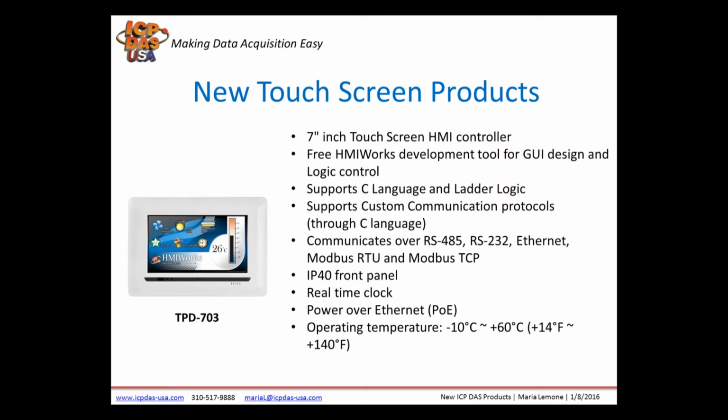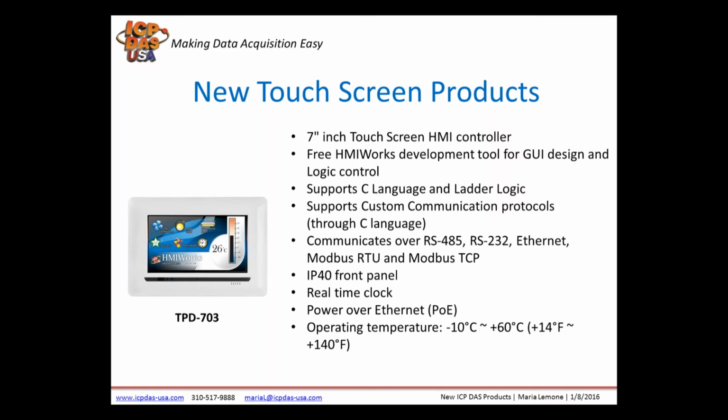We have another version, the TPD 70364, that has a screen brightness of 400 candela per square meter in case you need a brighter screen. These are widely used for switching from mechanical knobs, push buttons, switches, and levers to intelligent touchscreen-based control pads. They have a real-time clock for scheduling operations and can be powered over Ethernet or with a 10 to 30 VDC power supply.